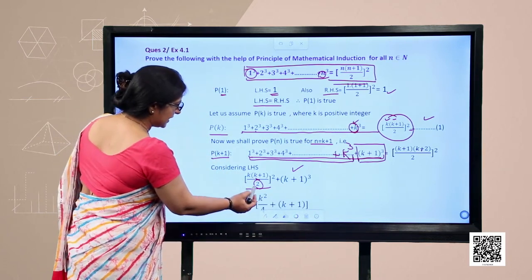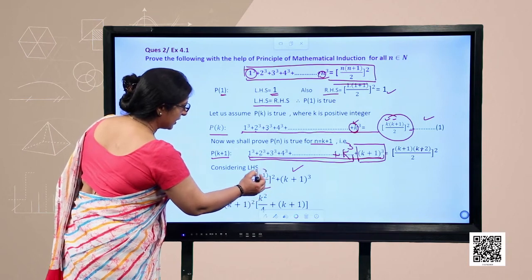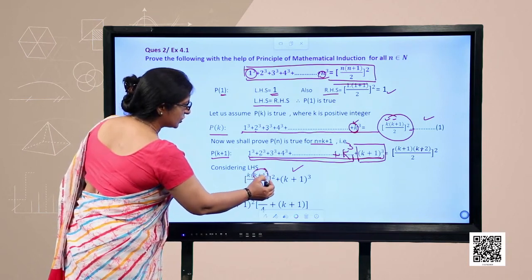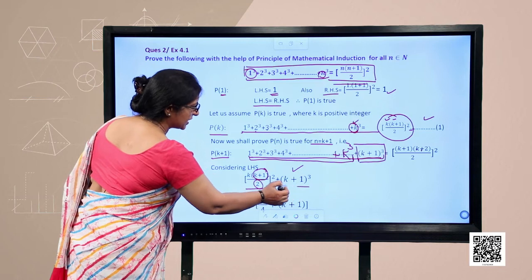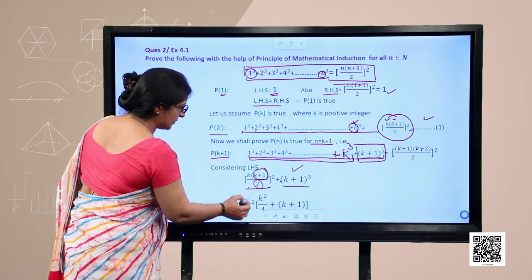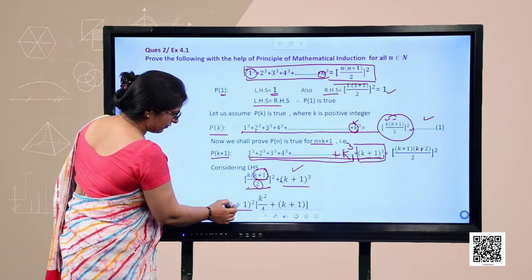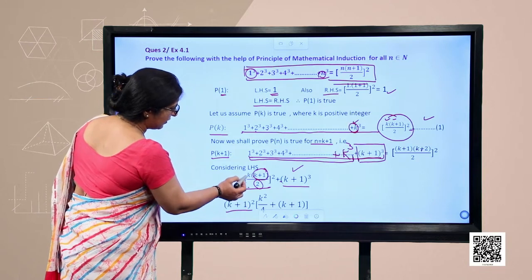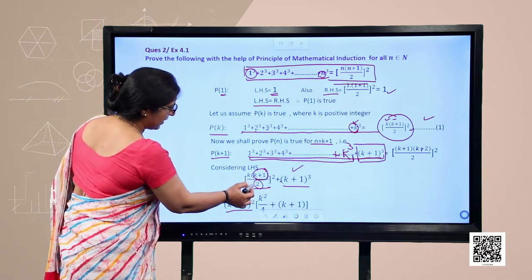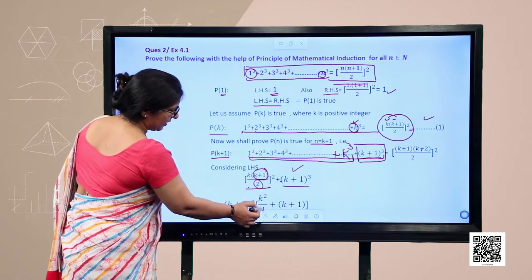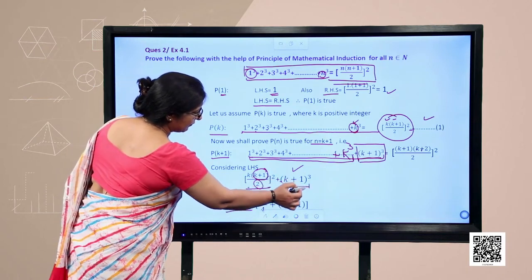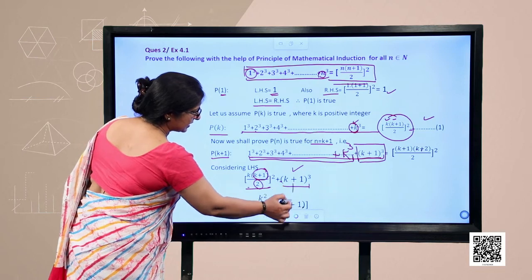Here you can see we have taken k plus 1 whole square common in both the terms. Here we are left with k square by 4, because 2 square will become 4, and here we are left with k plus 1 in this term.